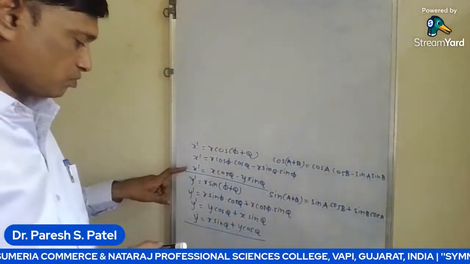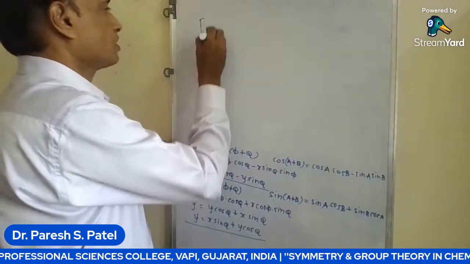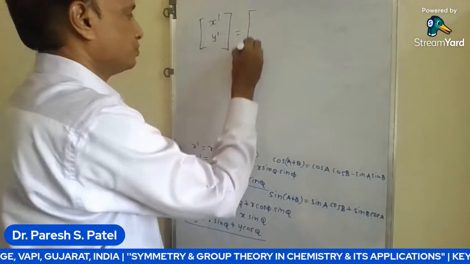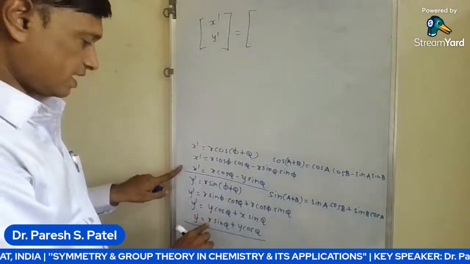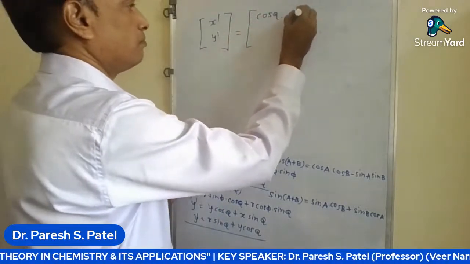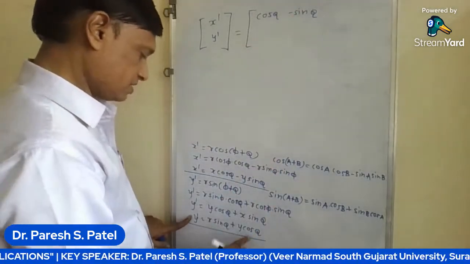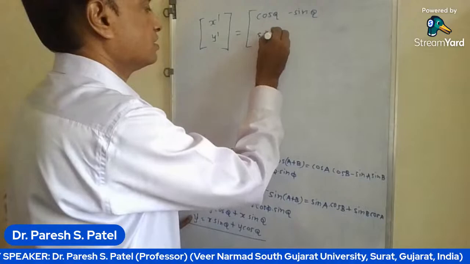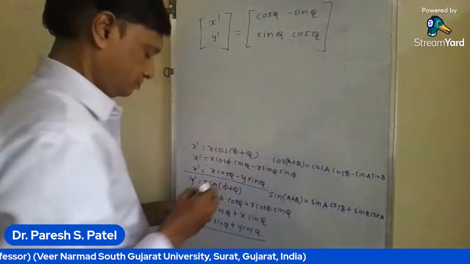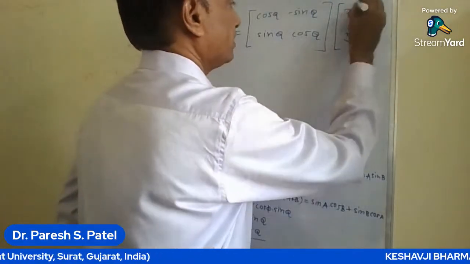We can write both these equations, x dash and y dash, in the form of a matrix: x dash, y dash is equal to cos theta, minus sin theta, and over here sin theta and cos theta, times x and y.